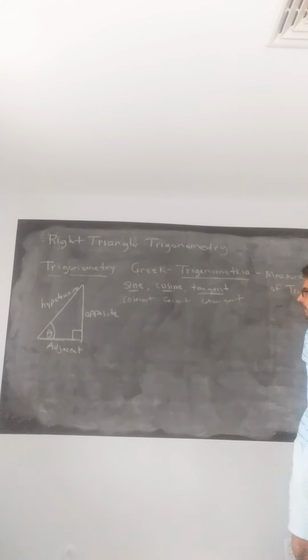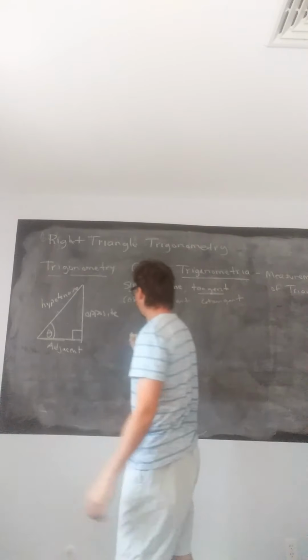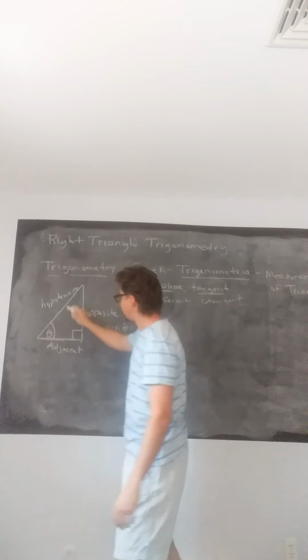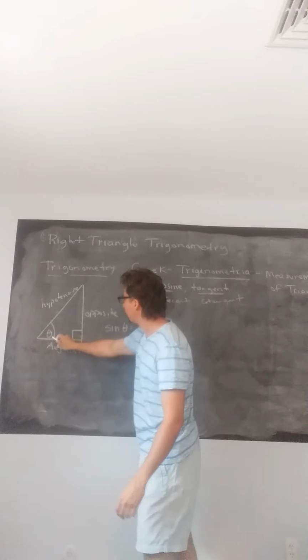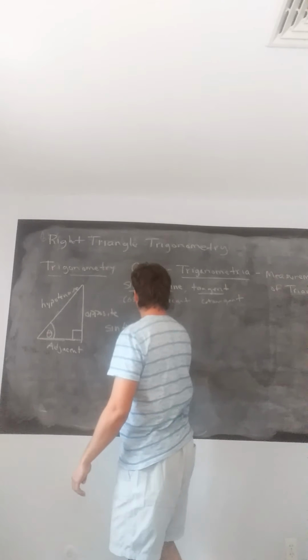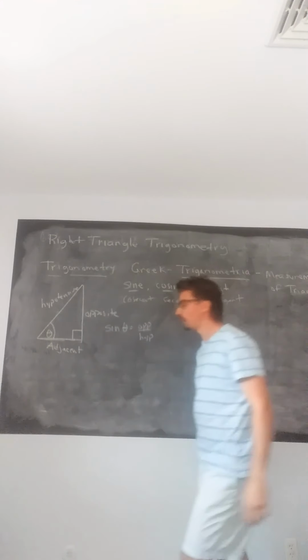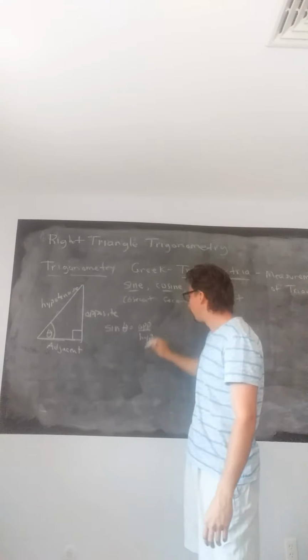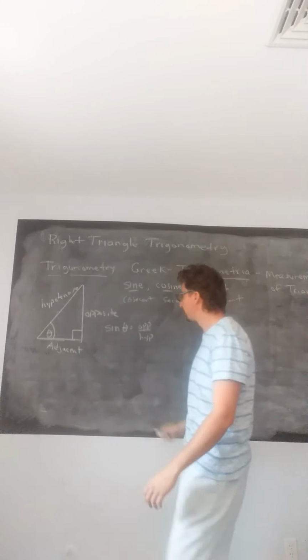Okay? So, in this diagram, finding the sine of theta would be given as what we call the opposite over the hypotenuse. So for now, that's how we're going to define this ratio. Sine's ratio is the opposite over the hypotenuse.